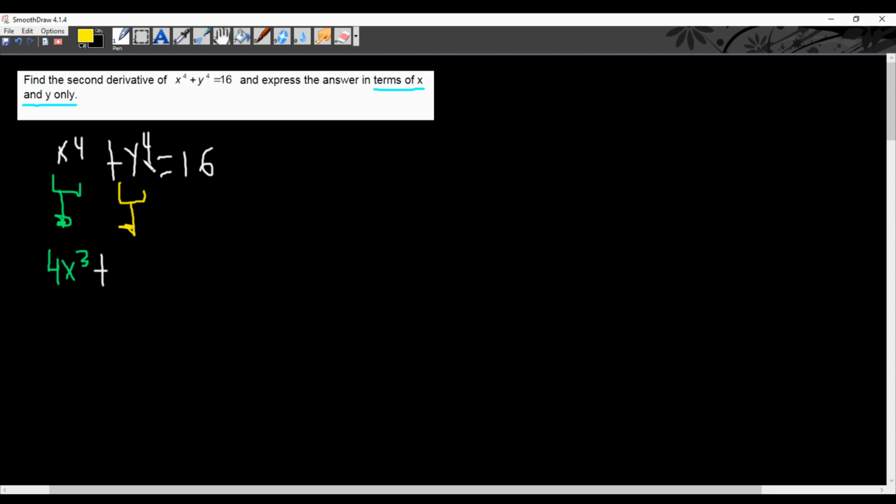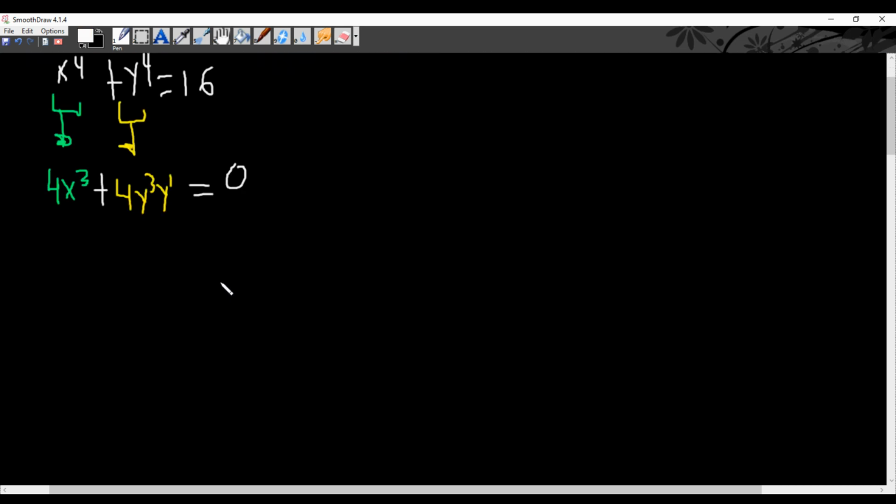You only do the chain rule with y. So I'm going to get 4y cubed, but then I'm going to get y prime, because the inside function is automatically y prime when you're dealing with y. So that's that. Now you're going to get 0.